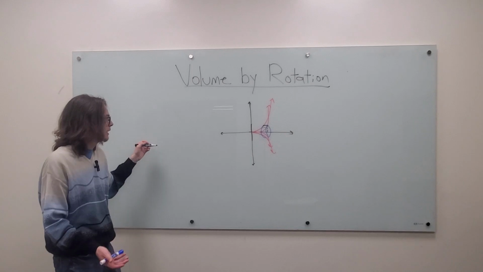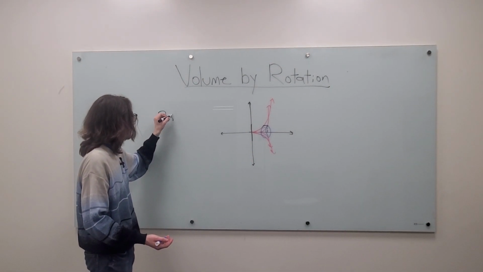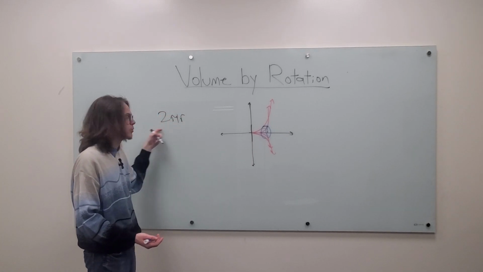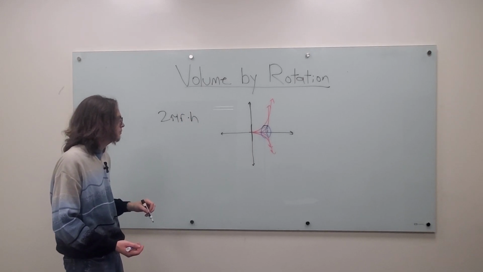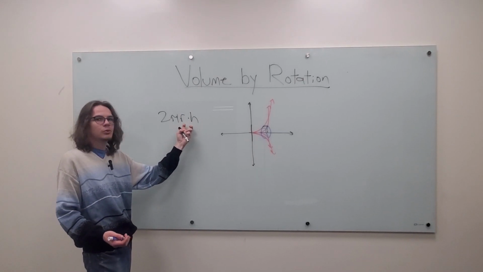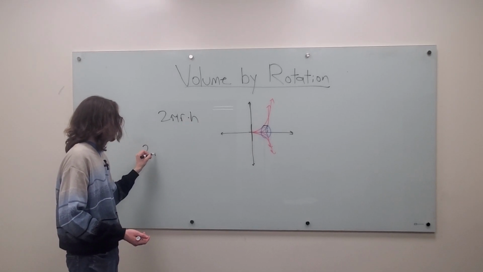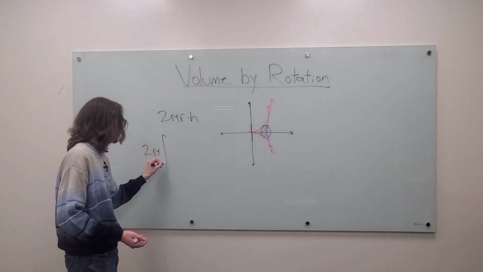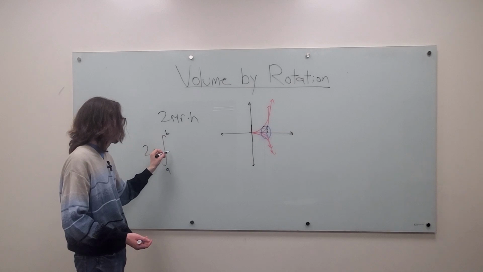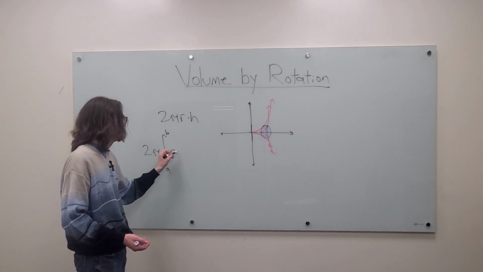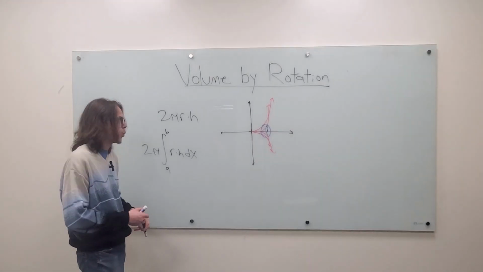So what we get, because we're working with circumference and height here, is 2 pi r, which is of course circumference, times the height, right? And because these two are both going to be in terms of variables, we've got 2 pi times the integral from a to b of our radius times our height with respect to whatever variable, x or y.